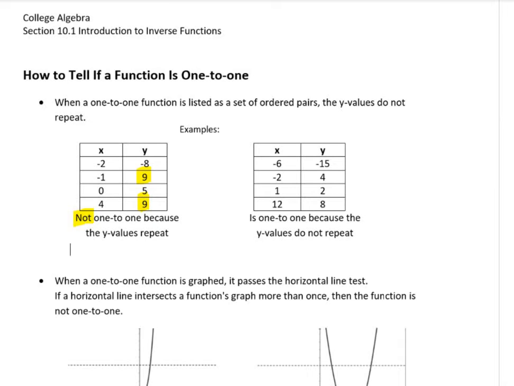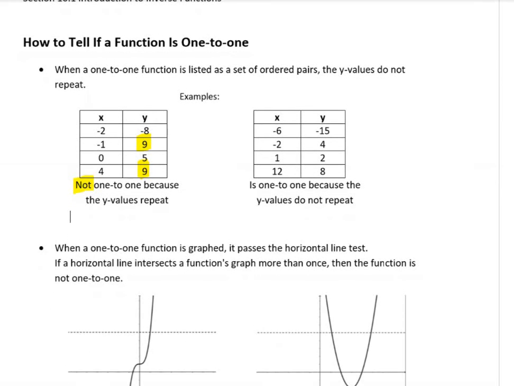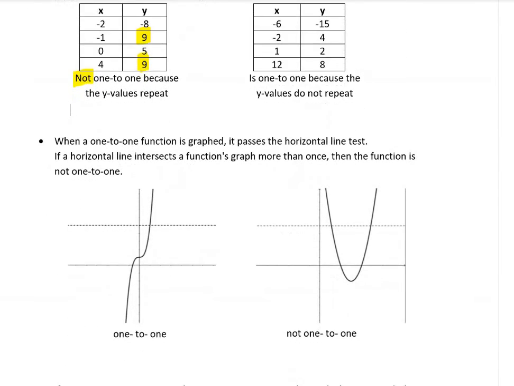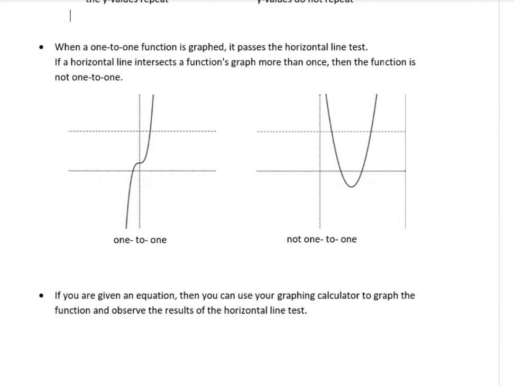In my next explanations here, I am looking at graphs, how to tell if a graph is one-to-one. If you remember, when we were looking at graphs of functions or relations and determining if they were functions or not, they had to pass the vertical line test.